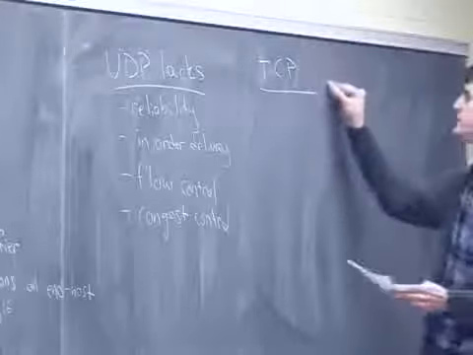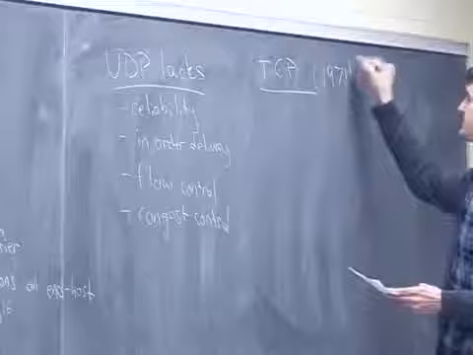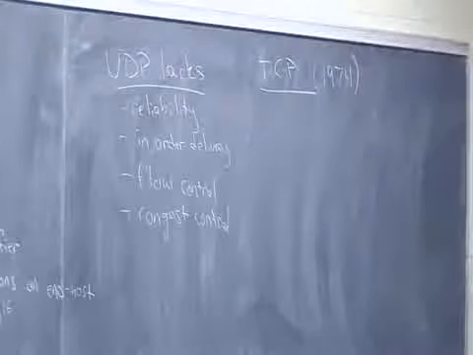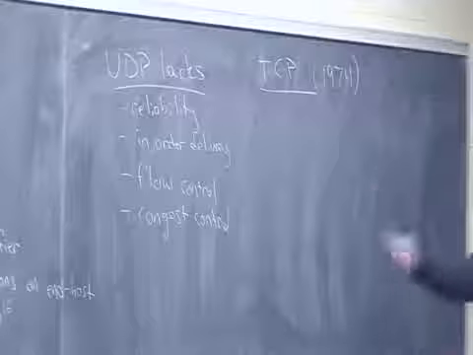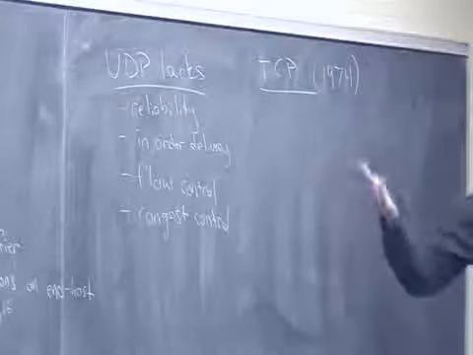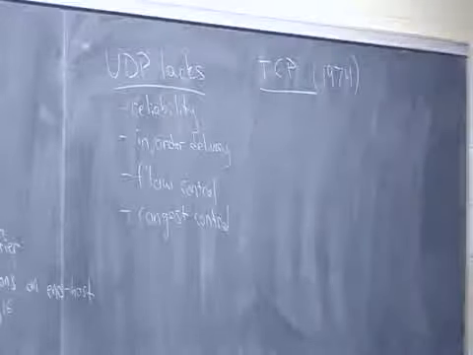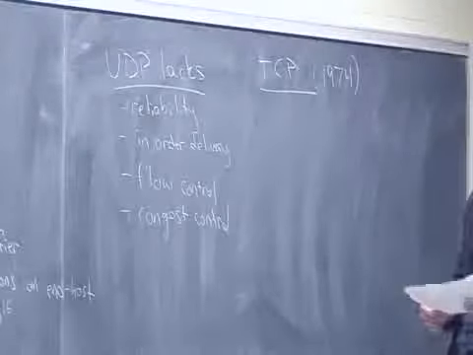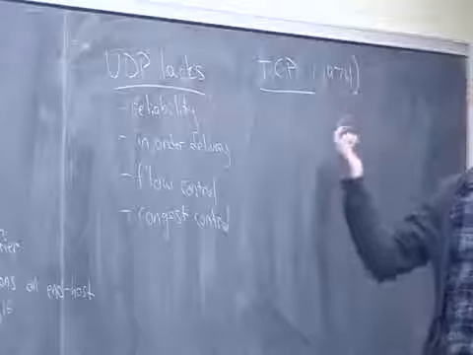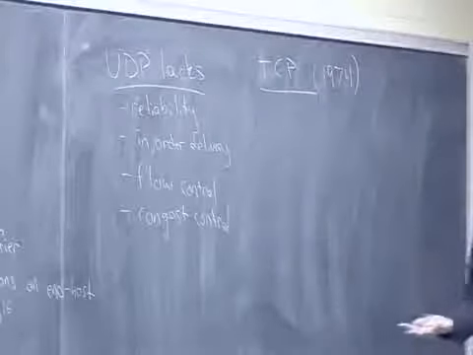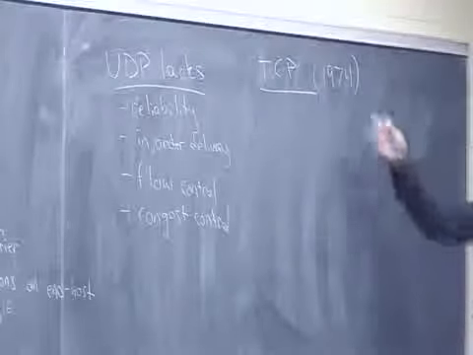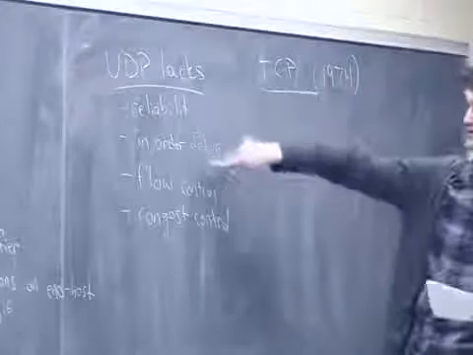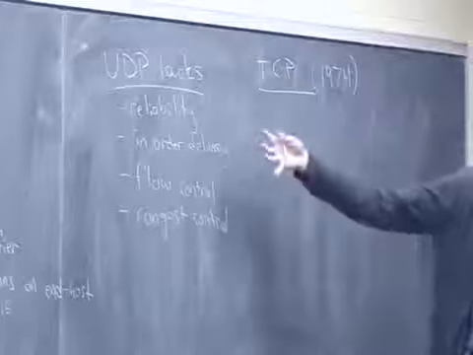It was actually created in 1974 by Vint Cerf and Kahn at UCLA, and they won a Turing Award for their development of TCP, which is sort of like the Nobel Prize of computer science. It's a pretty big deal because basically almost all traffic in the internet today runs over TCP. And that's because UDP doesn't provide these things, and these are really nice if you're writing an application, right?